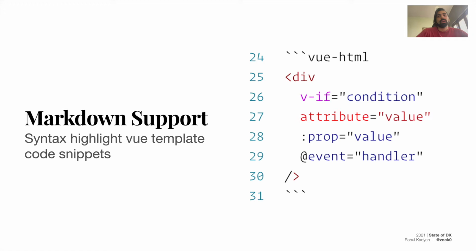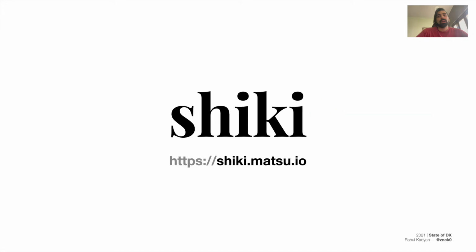And if you want to put this in your blog or something, you can use the tool Shiki. It uses the same TextMate grammar to highlight code blocks on your website or blog.